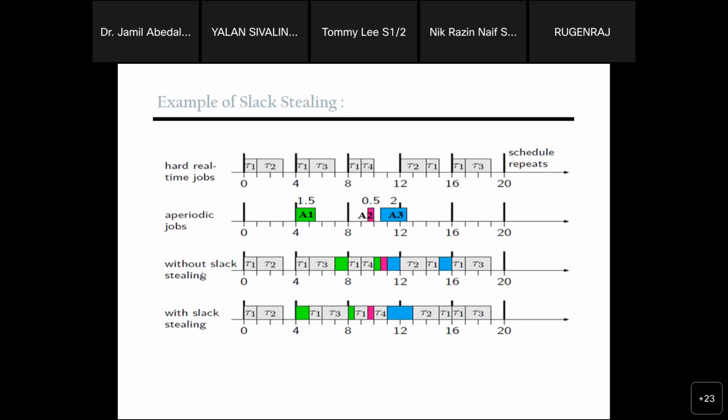And as you see, without slack stealing, A1 was postponed to 7 to 8, then 9, 10 to 10.5, and also aperiodic 2 was postponed, and A3 also needs to execute 2 units, also was interrupted. While with slack stealing, the priority is given to aperiodic jobs. Once released, we will execute it.